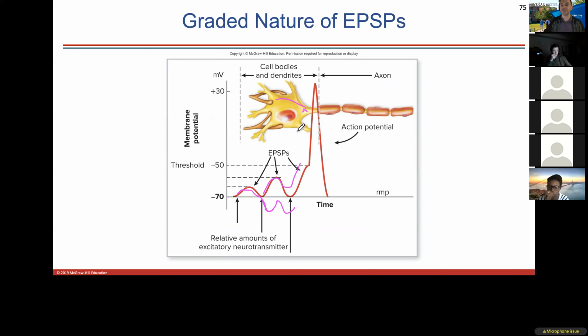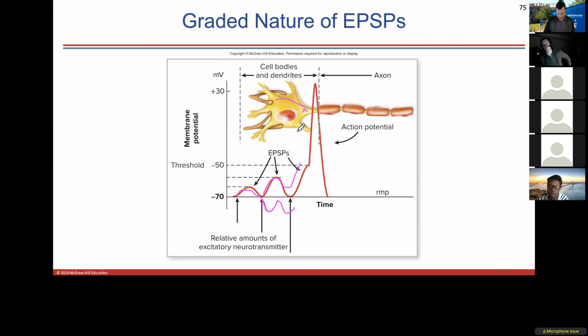Because again, what do we have in huge numbers at the axon hillock? Channels. Which kind? Sodium voltage gated channels. Because potassium is different. You will still have some here, it's just that we have a greater number of sodium voltage gated channels at the axon hillock, because it's the place where it has to start.